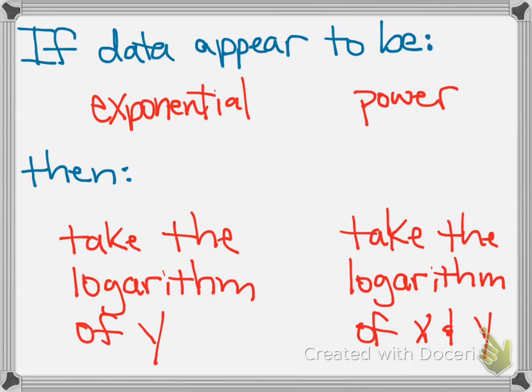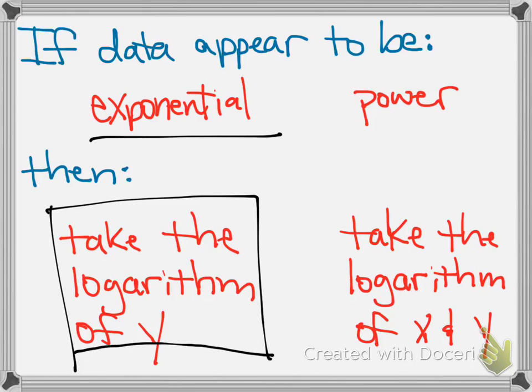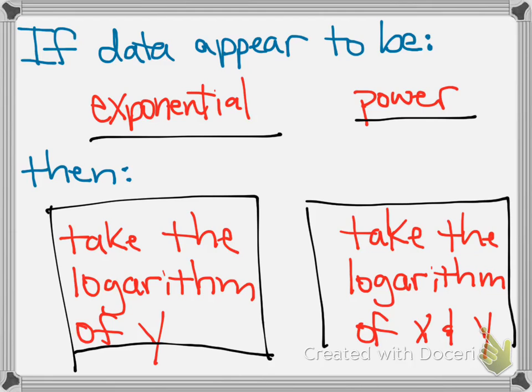If you have an exponential model, then all you need to do to transform your data is take the logarithm of y. So you leave x alone, just take the log of your y values. However, if you think instead that you have a power model, then what you need to do is take the logarithm of both your x and your y values.